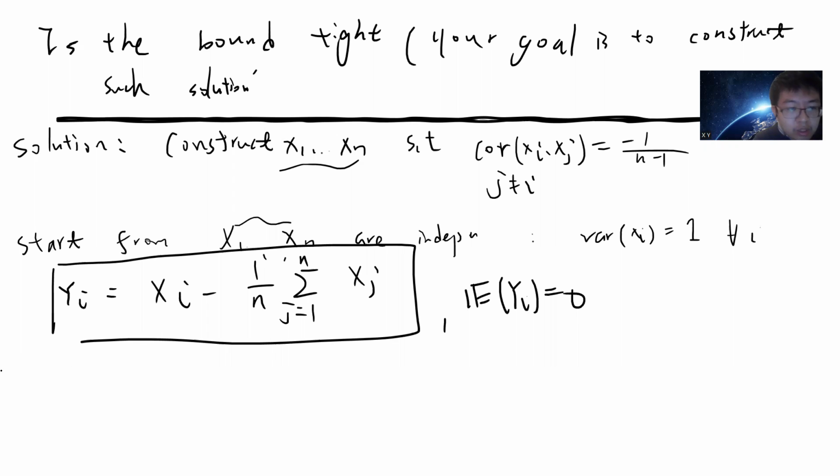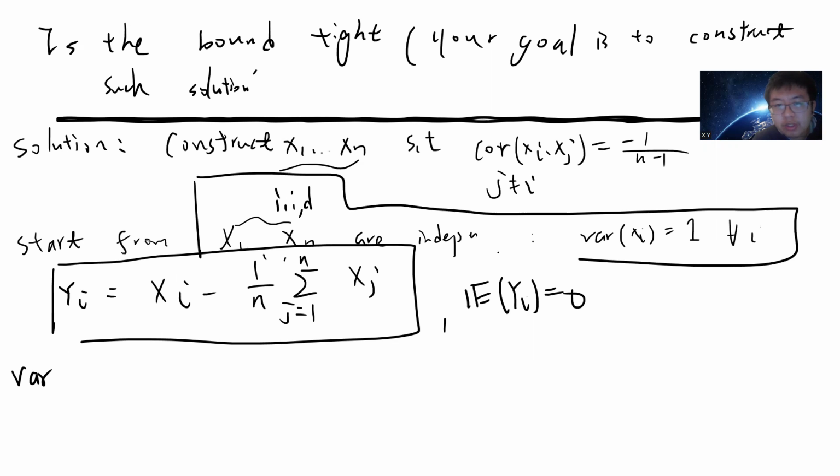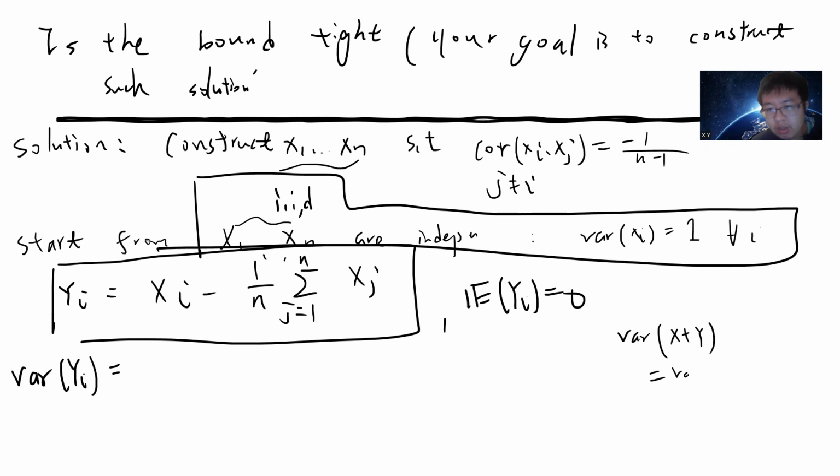Okay, so now I want to calculate the variance. So let's see, this is IID and unit variance. Let's say the variance of yi will be a little bit tedious, right? Because you will need to calculate the variance of x plus y, and there will be a cross term.